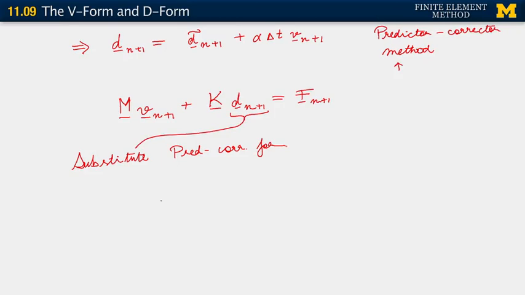What that does then is leave us with m v at n plus 1 plus k times dn plus 1 tilde plus alpha delta t k v at n plus 1, all of this equals f at n plus 1.